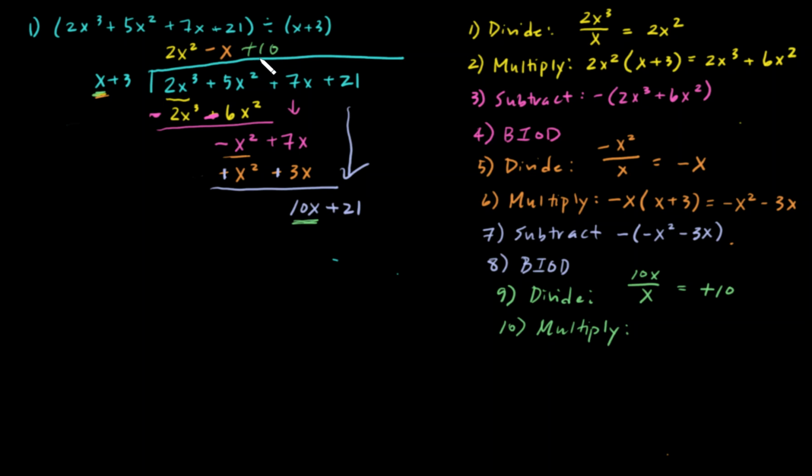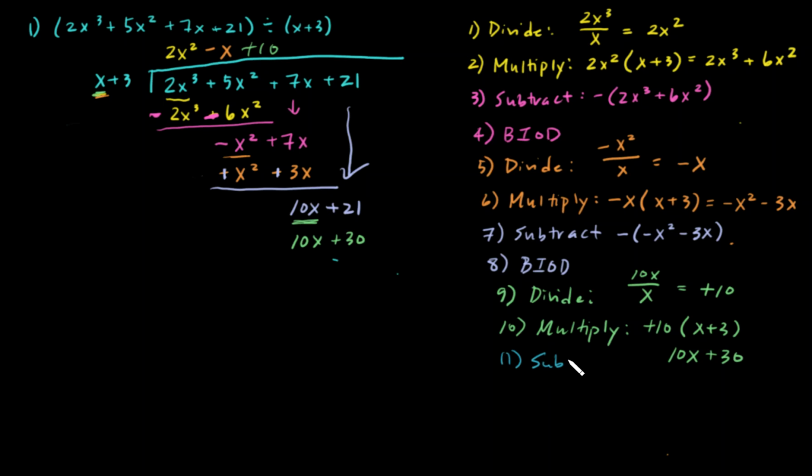We multiply that new quotient that we got with the entire divisor. So we end up with a 10x plus 30.